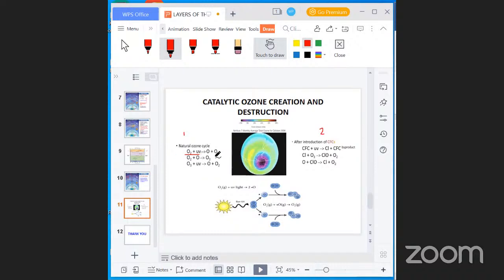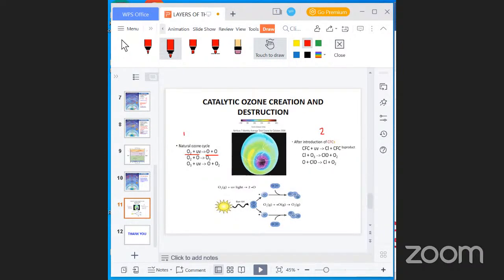It breaks into oxygen plus oxygen, separated O and separated O. It means O2 plus ultraviolet radiation breaks into O plus O, separate oxygen plus separate oxygen.